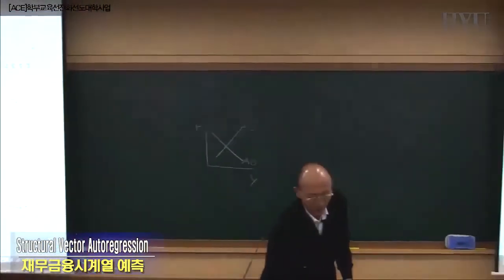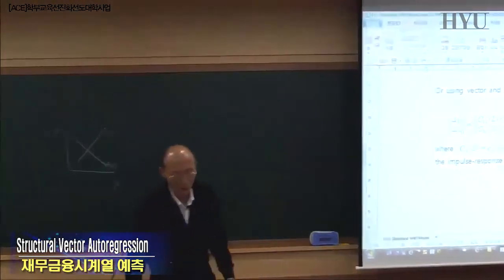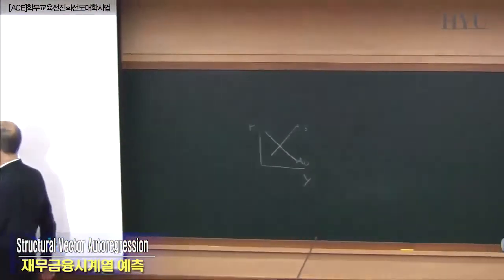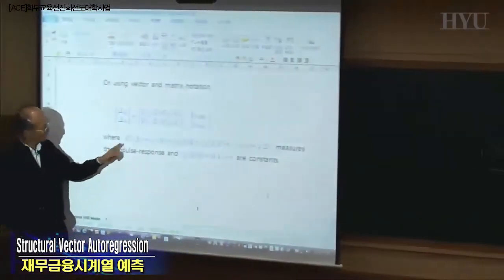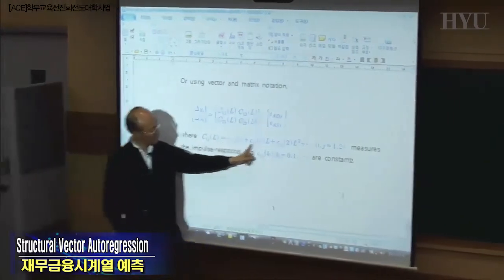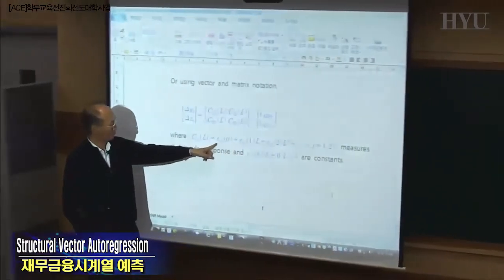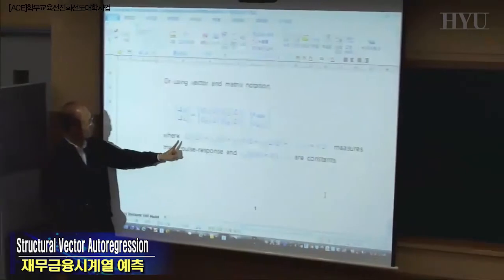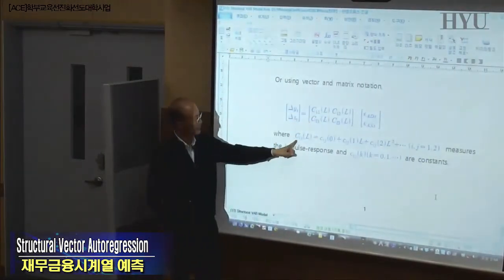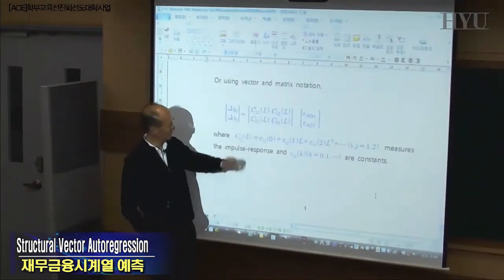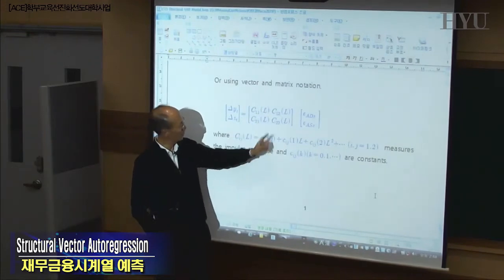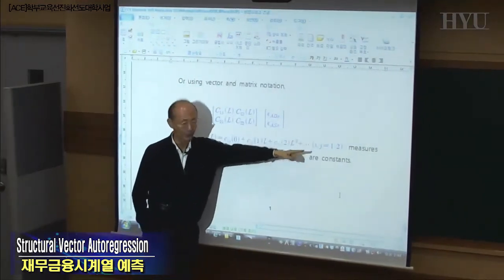Let's take a look at more detail of this part. If we let Cij of L be in this way, where we have two variables, so 1, 1, or 2, 2, or cross, right? As a polynomial, so you have L to the 0, L equals 1, 2, and so on.